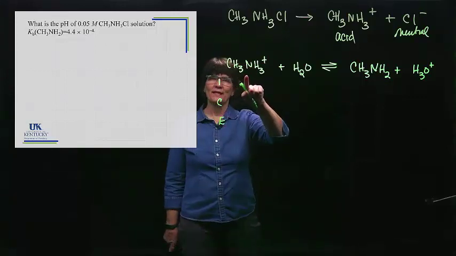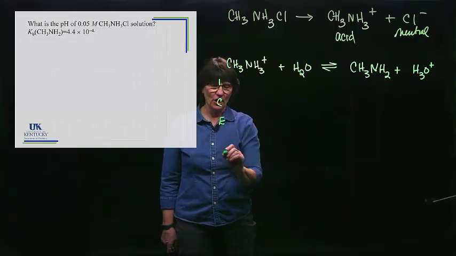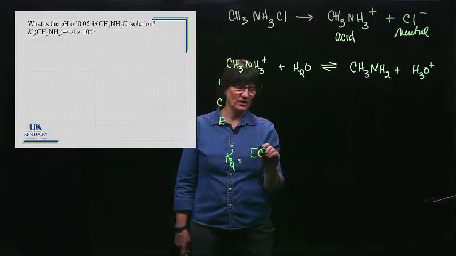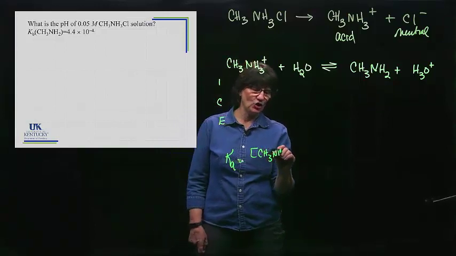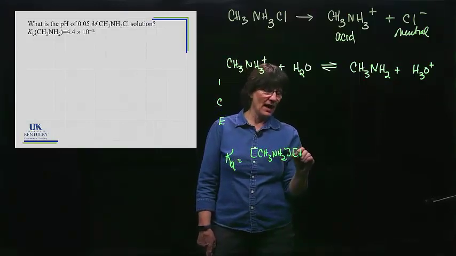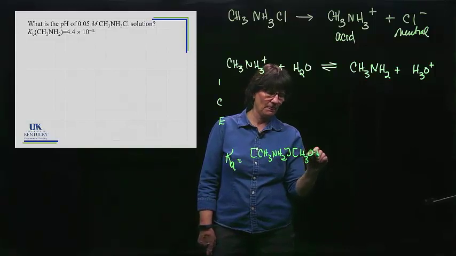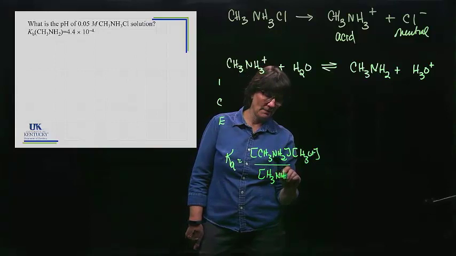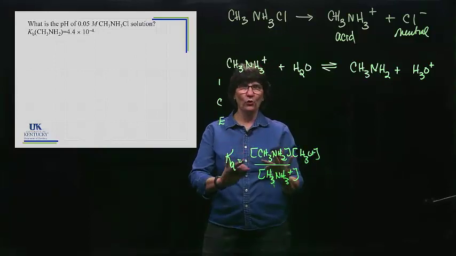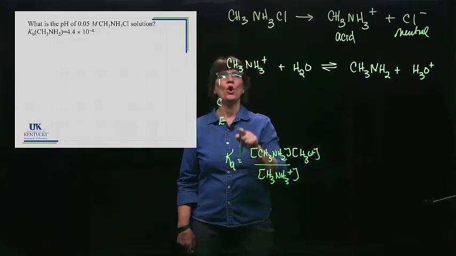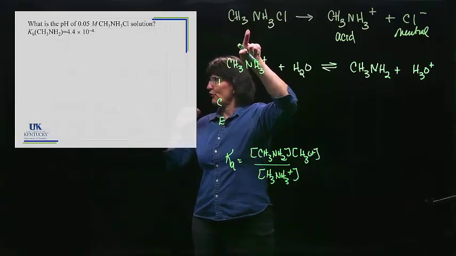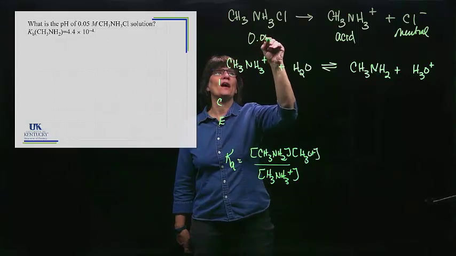Now it's in equilibrium and it needs an ICE table. What did we say this was? An acid or a base? It's an acid. So we'd write a Ka expression. Products, CH3NH2 times H3O+, over CH3NH3+. Hold that, come up here, fill in our table. What's the concentration of this? Well, let's go back up to the concentration of the whole thing. It was 0.05.